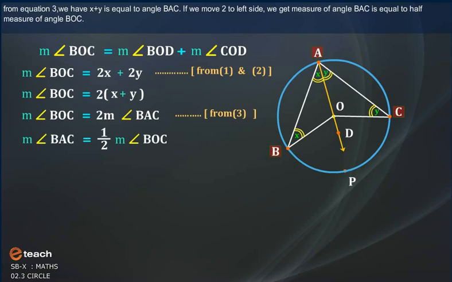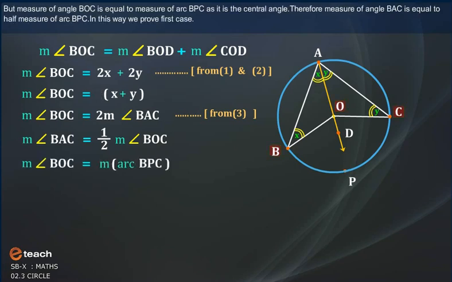If we move 2 to the left side, we get measure of angle BAC is equal to half measure of angle BOC. But measure of angle BOC is equal to measure of arc BPC as it is the central angle. Therefore, measure of angle BAC is equal to half measure of arc BPC. In this way, we prove first case.